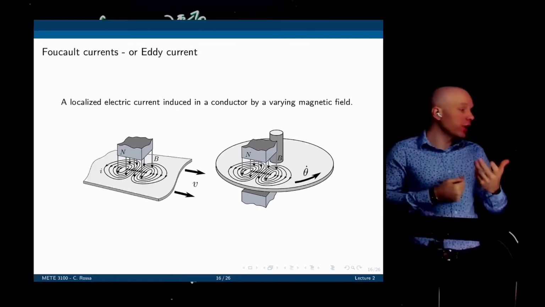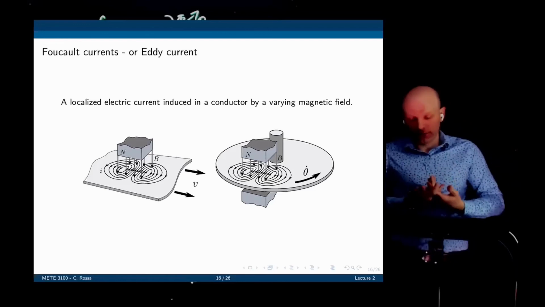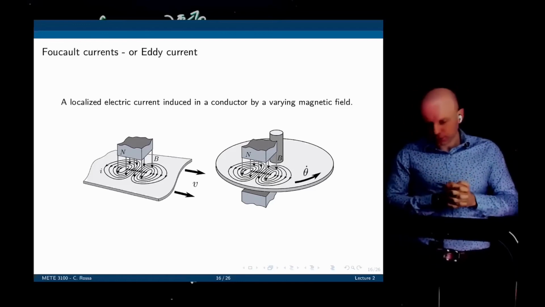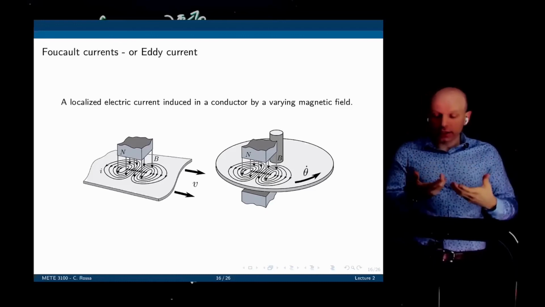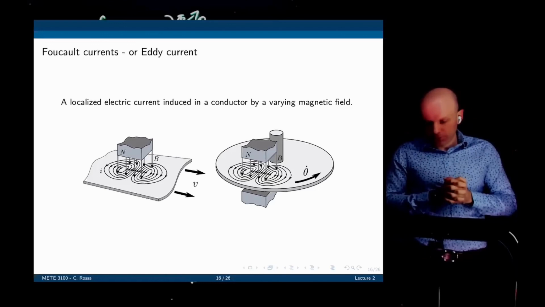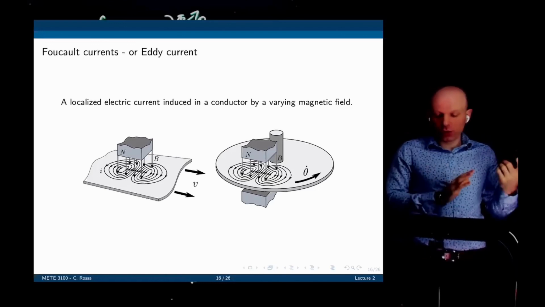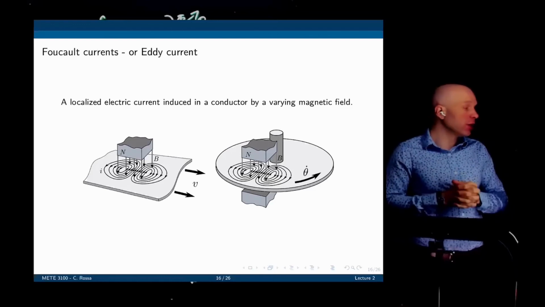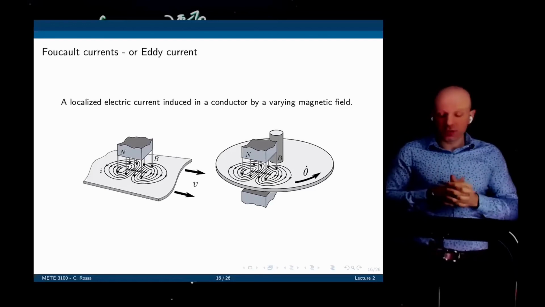The current will create an induction itself that will oppose changes in the first magnetic field. But that current now dissipates energy in the form of Joule losses. Right? And you can have this operate in 2 ways. The first one is like a brake, for example, high-speed trains operate on this principle.